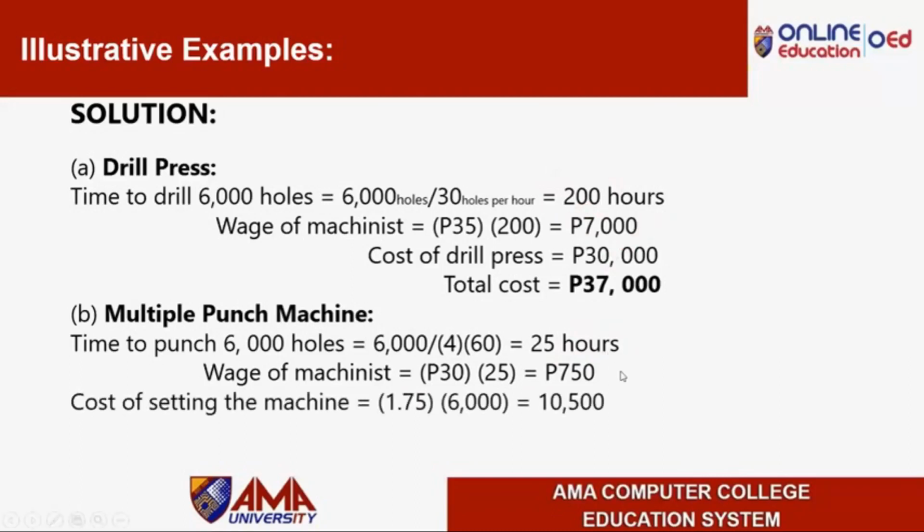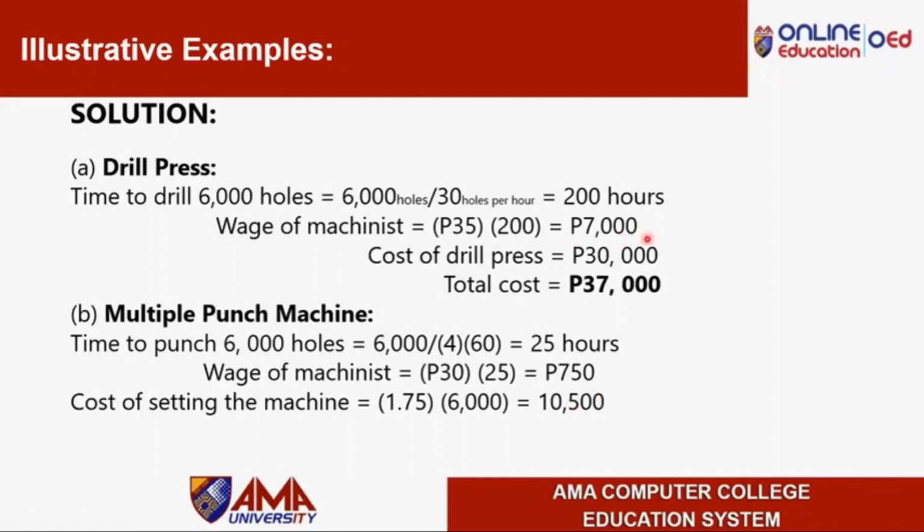But we have the cost of setting the machine. You will notice that we need to pay 1.75 pesos per hole for setting the machine. Since we need to finish 6,000 holes, we multiply 1.75 by 6,000 holes, which is an additional 10,500.